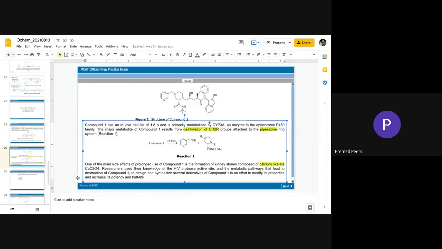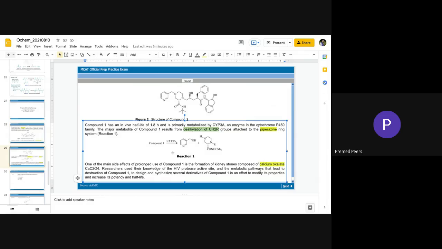And then it describes its half-life, how it is metabolized, meaning how it is going to break down. It's by this enzyme. I don't know if this enzyme has any relationship with our questions. I'm like, okay, noted.